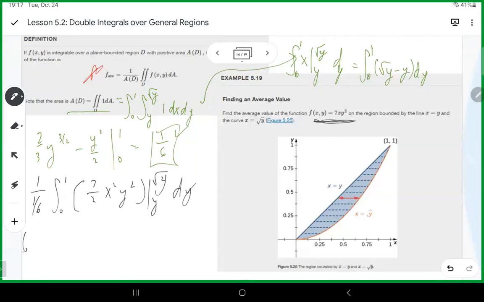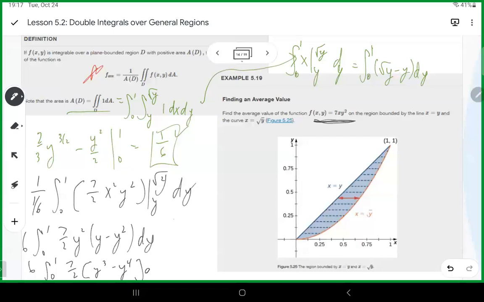So you get 6 integral from 0 to 1, 7/2 y squared times (y minus y squared) dy. So 6 integral from 0 to 1, 7/2 times (y cubed minus y to the 4th) dy.